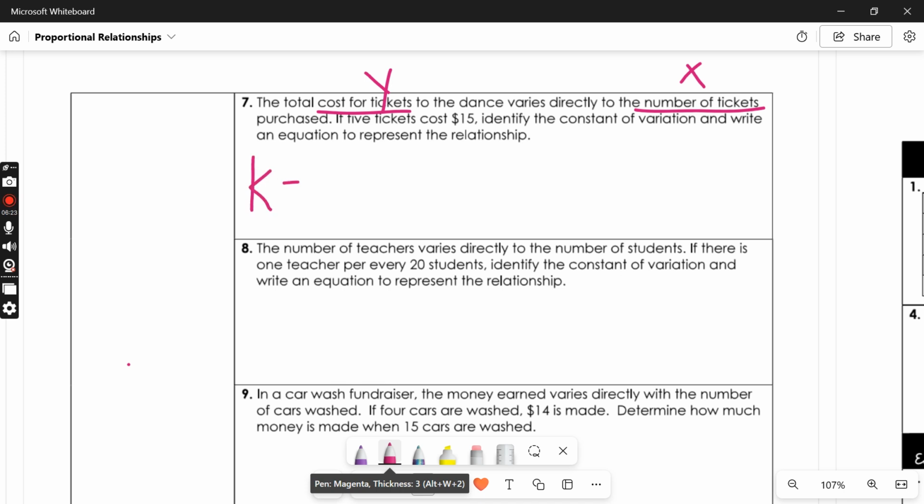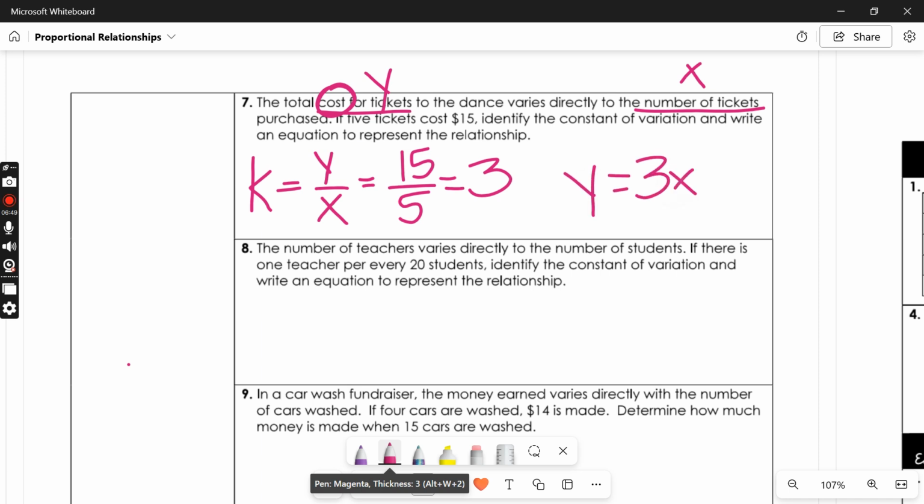Okay, so k is y divided by x. Our y value is cost. That's 15 divided by number of tickets, which is 5. So our constant of variation is 3. So it says identify the constant of variation, done, and write an equation. Y equals 3x.